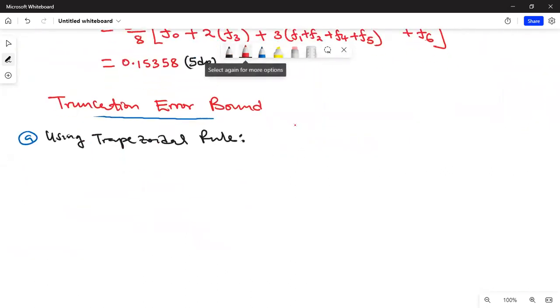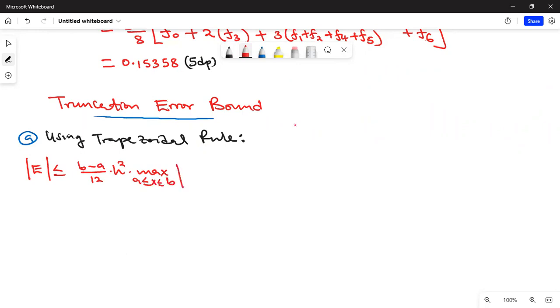The formula is that the absolute error should be less or equal to (b minus a) over n over 12, times h squared times the maximum, for a less or equal to x less or equal to b, of the absolute value of the second derivative of that function f of x. That's how to find the bound for the absolute error. When you talk of the bound, it means the range. It ranges between what and what. That's what I mean by truncation error bound.